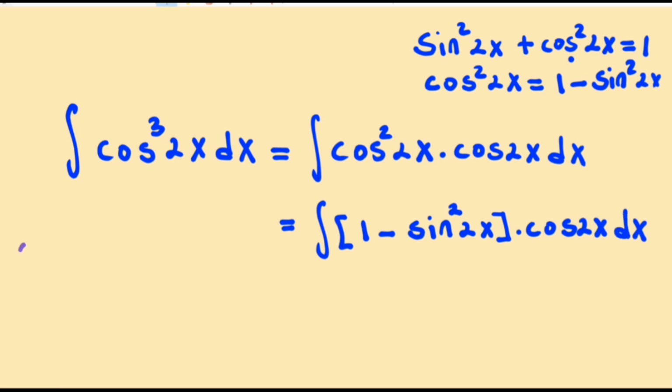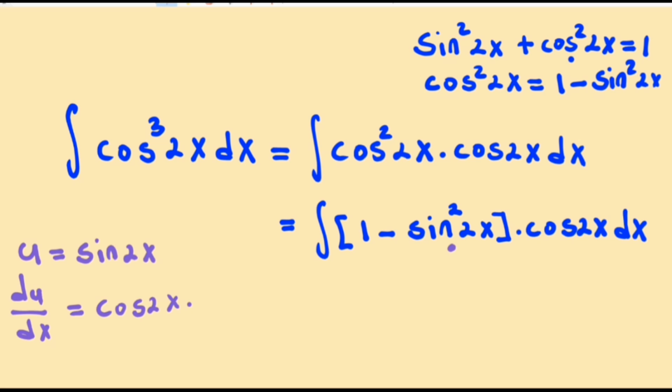We let u be equal to the sine 2x, and the derivative of u with respect to x will be equal to the derivative of the sine 2x, which is equal to cos 2x. And according to the chain rule, we have to multiply this by the derivative of the inner function, the 2x. So the derivative of the 2x will be equal to 2.